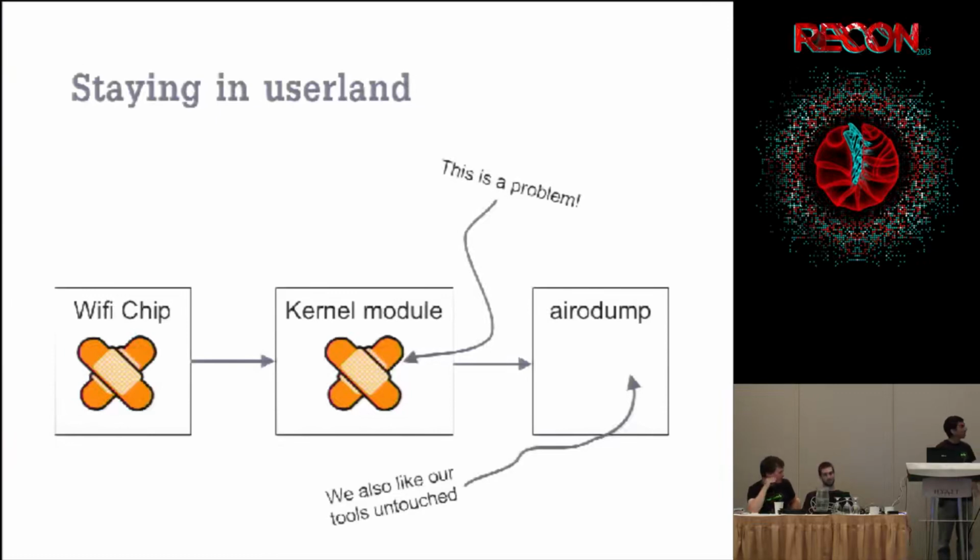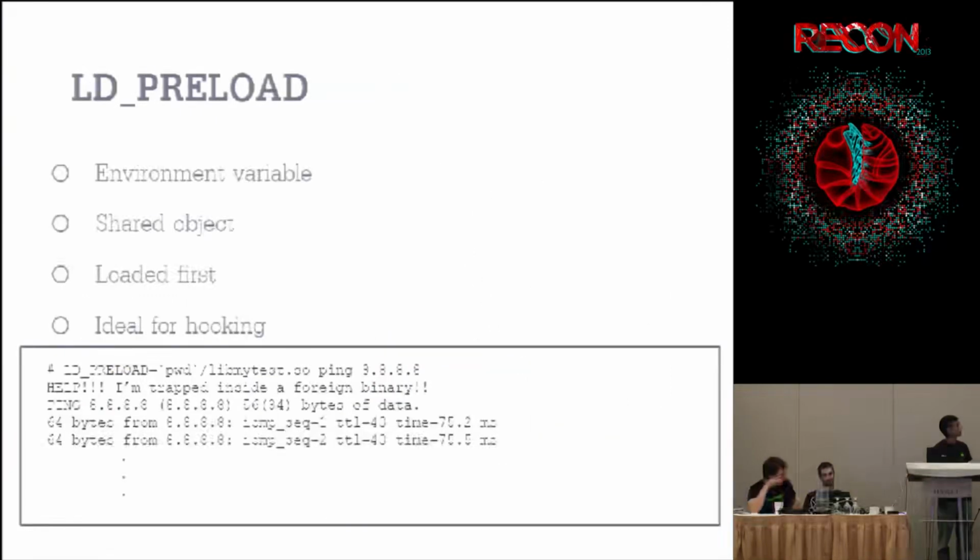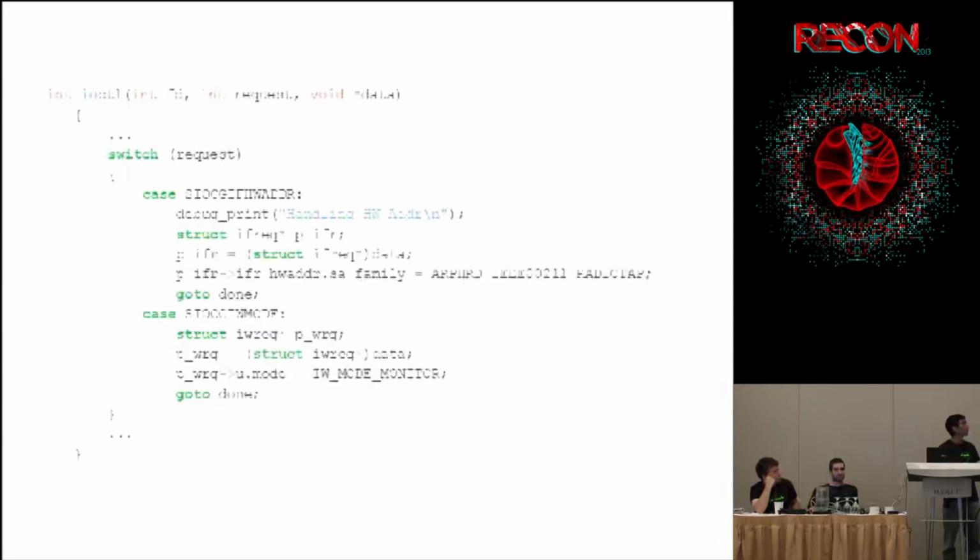And what we chose to use is LD_PRELOAD. I'm sure most of you know this, but LD_PRELOAD is a generic hooking method for Linux. You set up an environment variable, and then you can replace any function that you want. And what we chose to replace was ioctl. The ioctl function is the function that is used to pass control messages to the driver, and we just faked the answers.